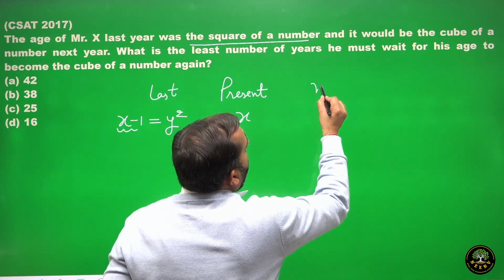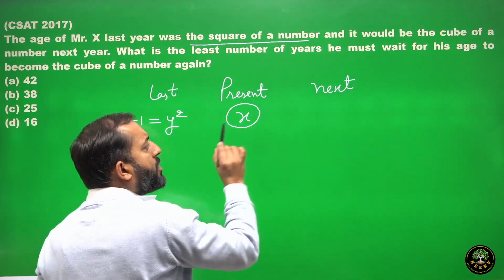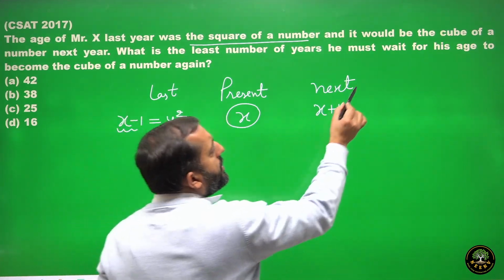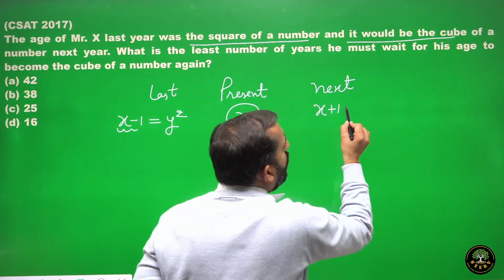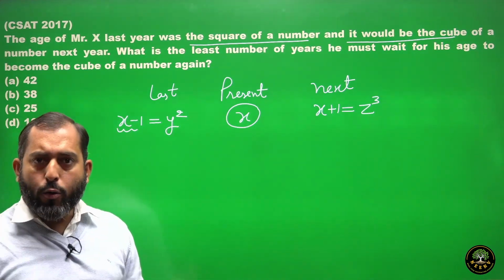Now next year, if at present his age is x, his age should be x plus 1, and it is given to us that next year this age equals the cube of a number. Let's say it is z cube.